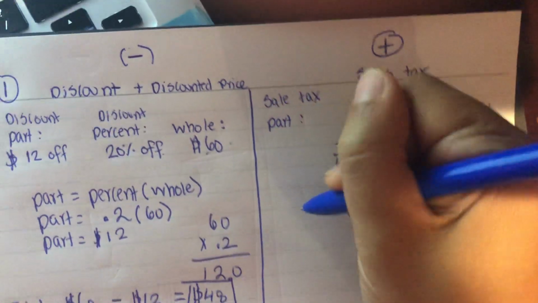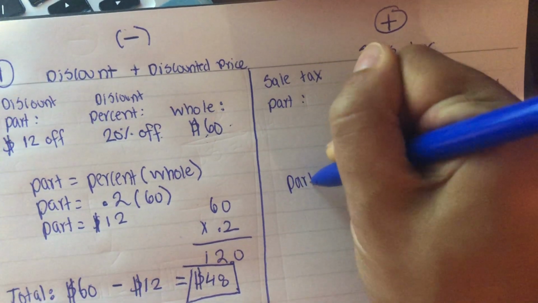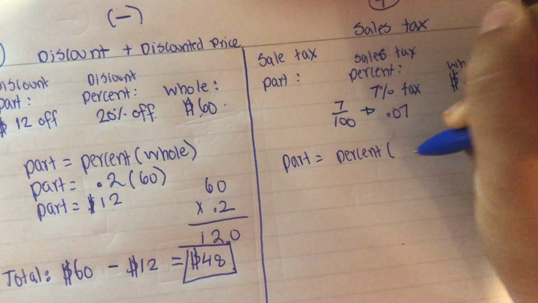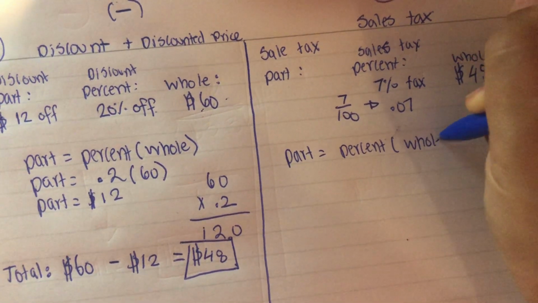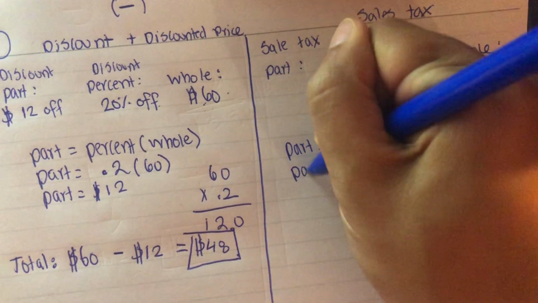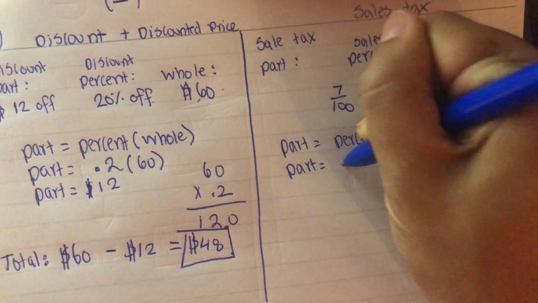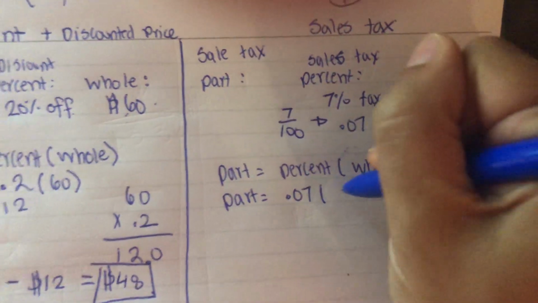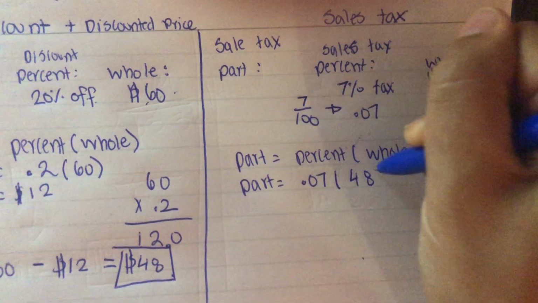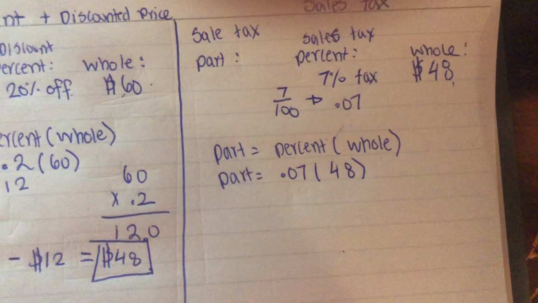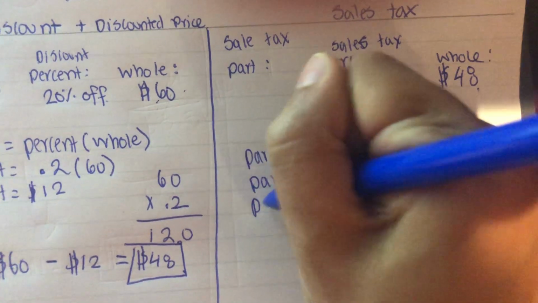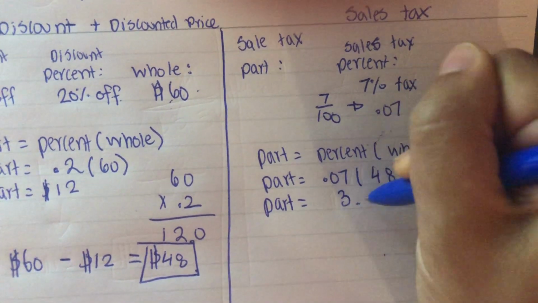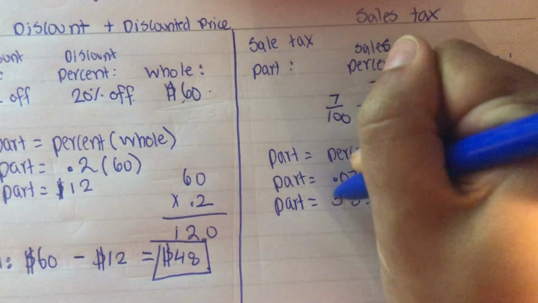So now, when we put our equation, remember, times the whole, we have a new whole now, and this would be the part equals 7 hundredths, 0.07, times 48. Okay, and if I multiply these together, that's going to give me $3.36.